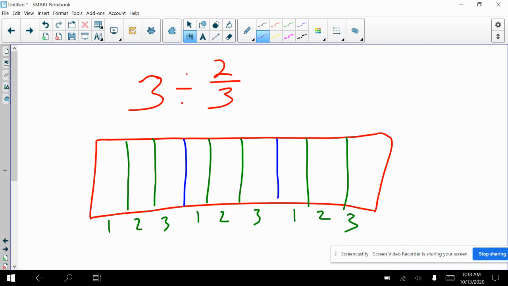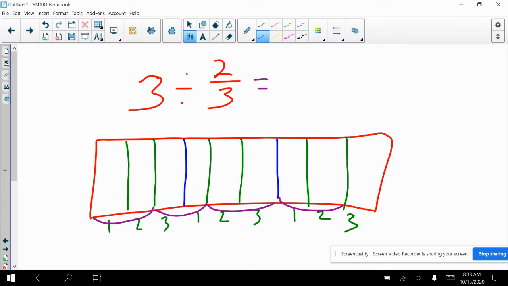The numerator always tells us how we are going to group them. We're grouping them by 2s, right? So we'll link those together. Link those together. Link those together. And link those together. Okay, how many groups do we have?